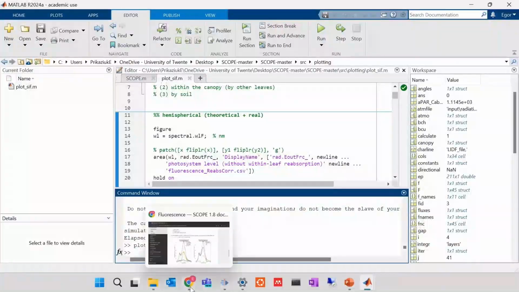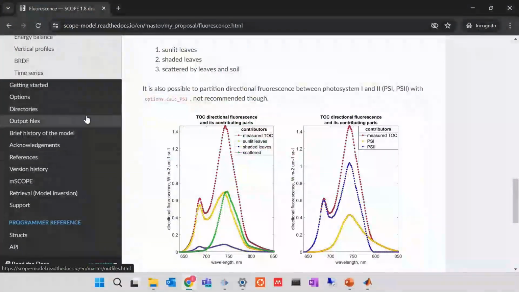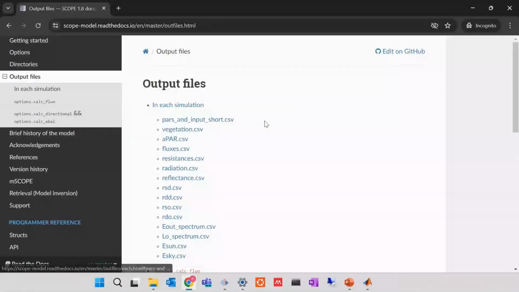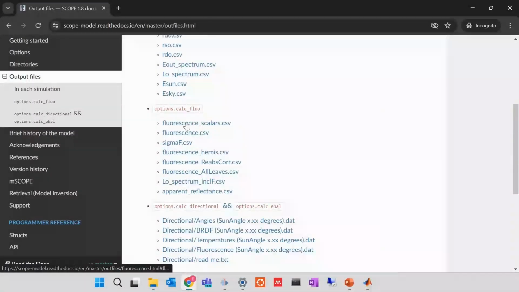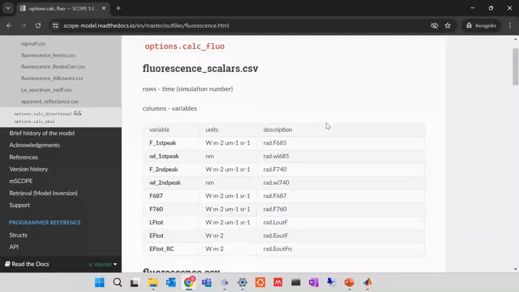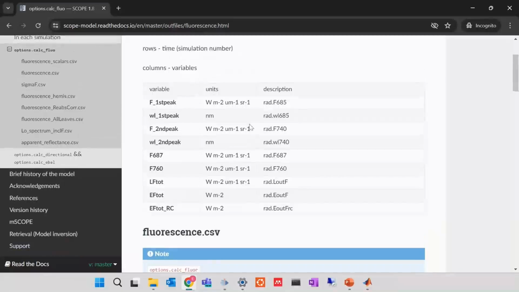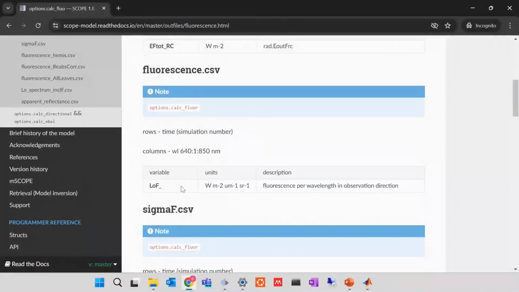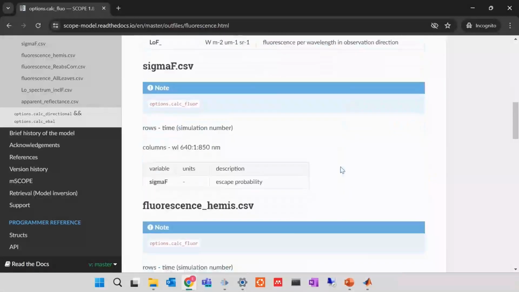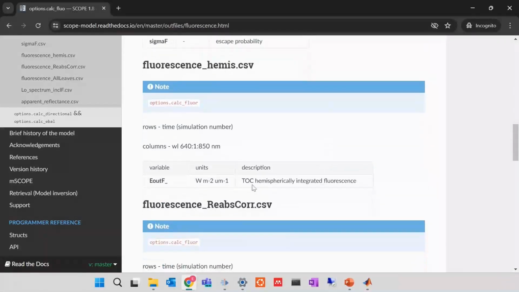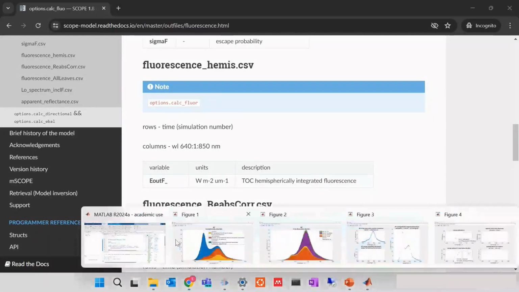If you have doubts about the outputs and what they mean, there is part of the documentation that describes output files, and with option calculate fluorescence, these output files will be added extra. So you can see which exactly variables are output and what they mean. That is fluorescence spectrum in observation direction, for example. And this is top of canopy hemispherically integrated fluorescence, etc.